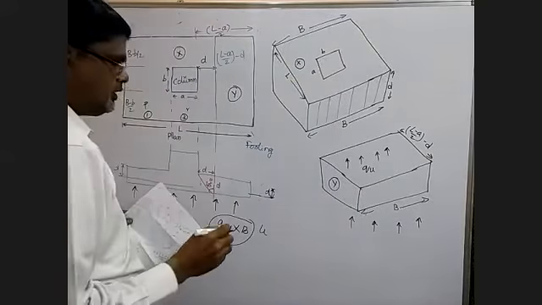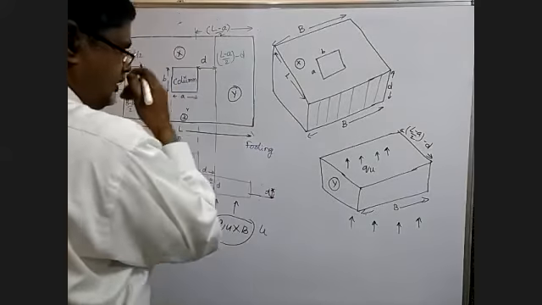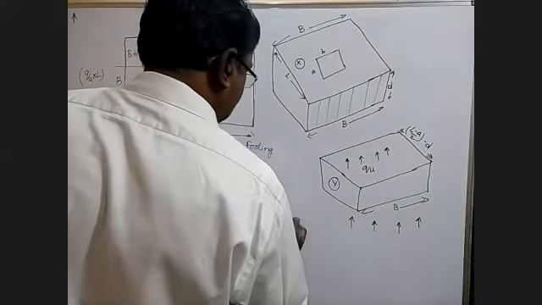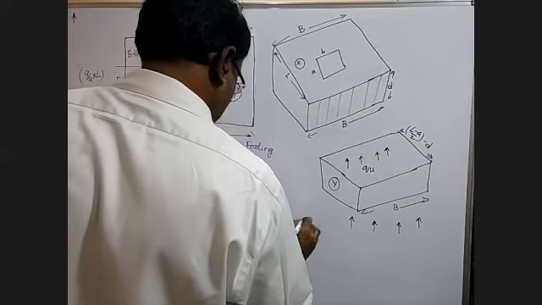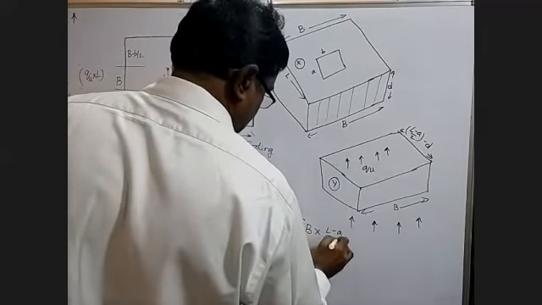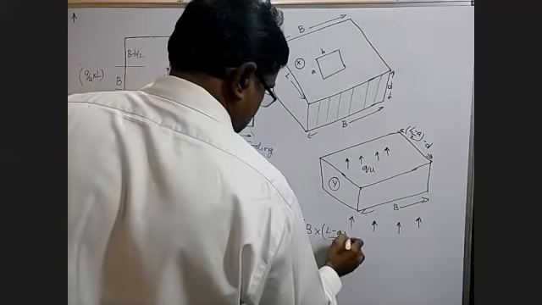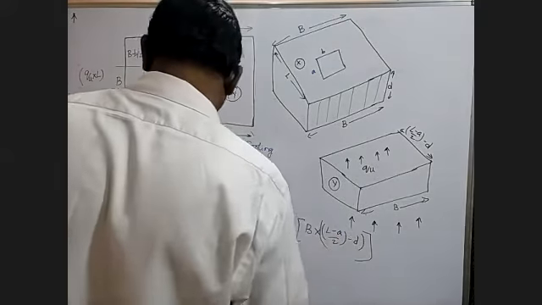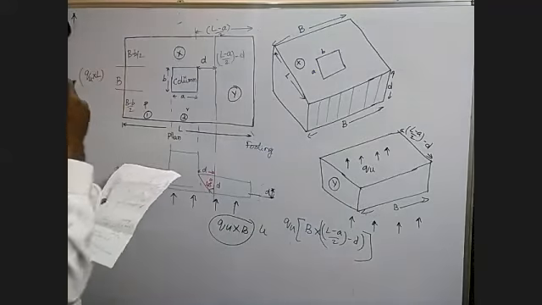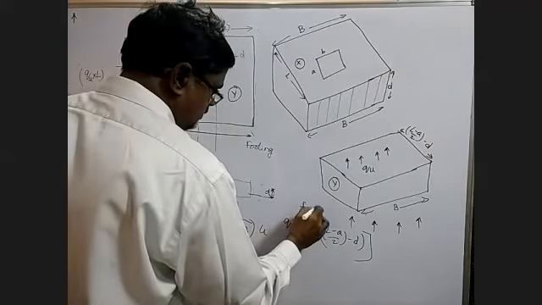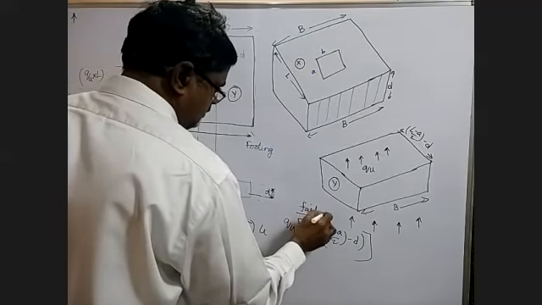Now we'll write the equation here. Taking this y part, qu into B into L minus a by 2 minus d. So this is the failing area, the failure area.